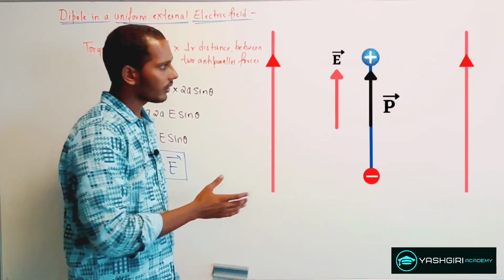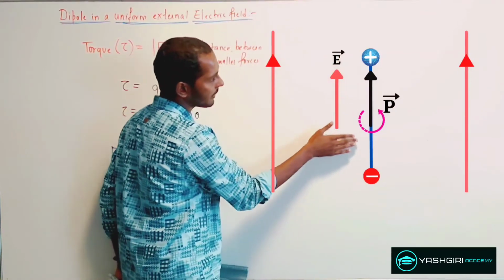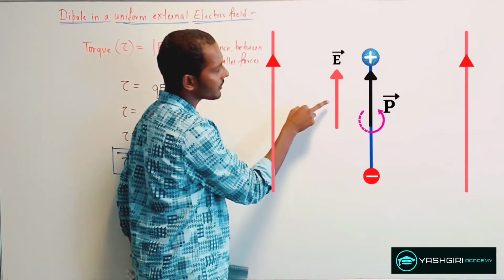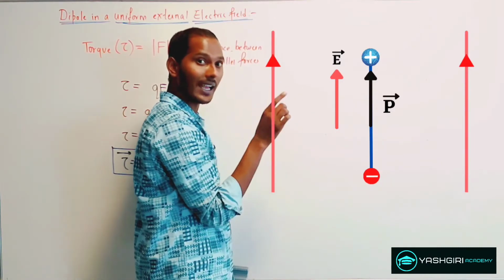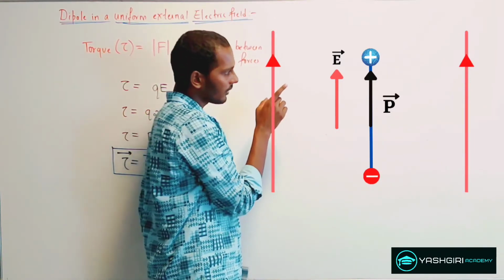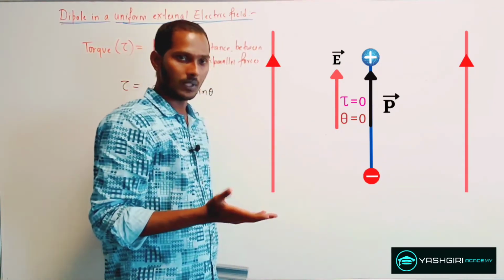Now here the torque is making this alignment something like this. If you see, the angle between vector P and vector E is exactly 0. When this happens, the torque on this electric dipole will be 0, all right.